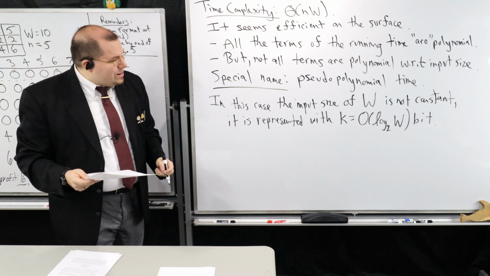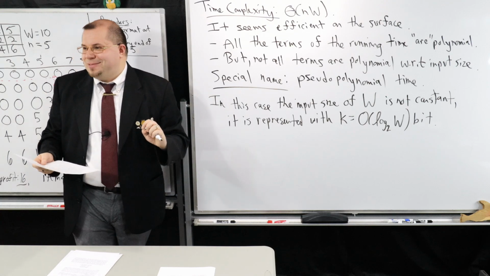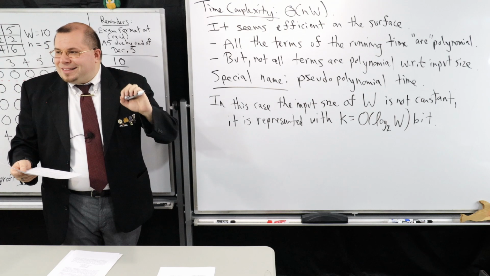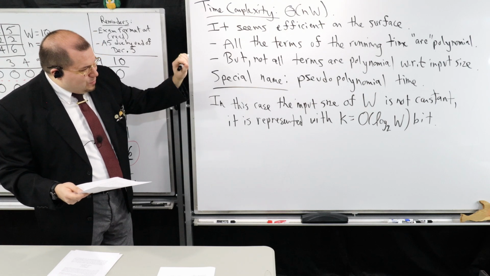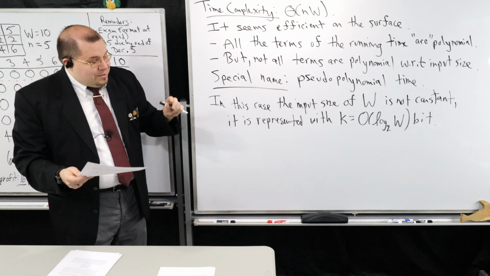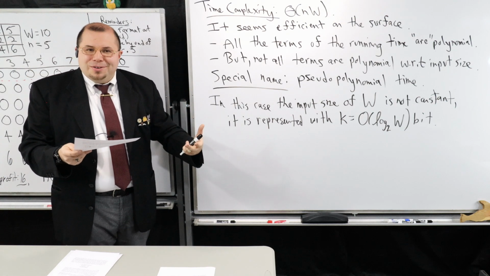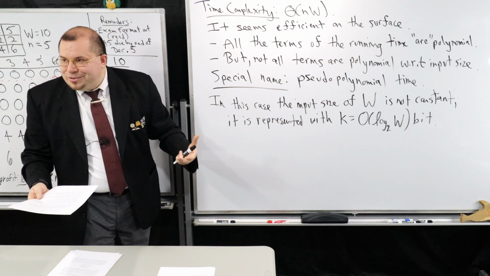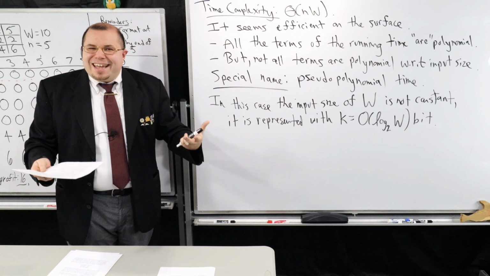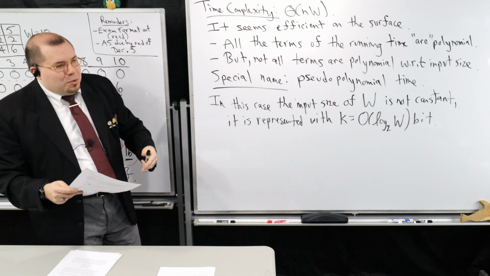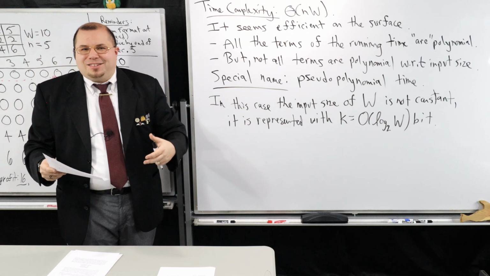There's a reason why we really like logarithmic running times, for example. This is one of the reasons why. What's the difference between W and log W? I don't mean subtraction, I mean proportionally. Just think about it in terms of magnitudes. Is it like a polynomial, or is it like exponential?